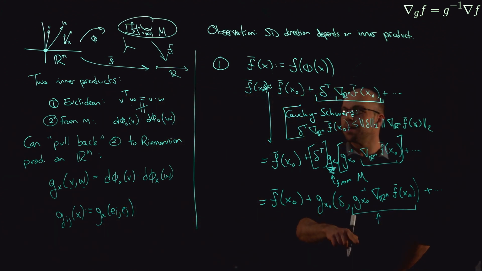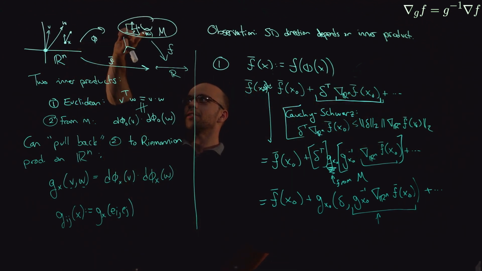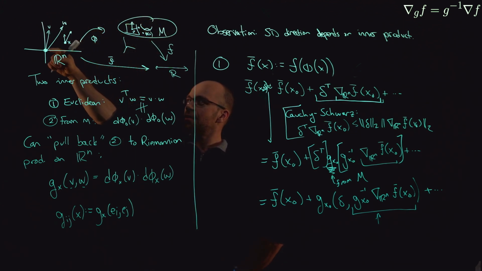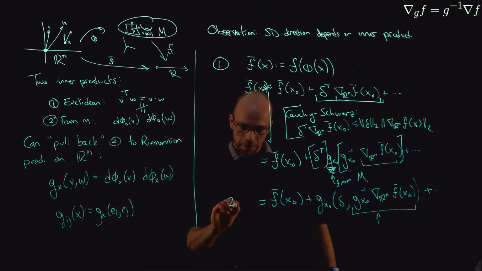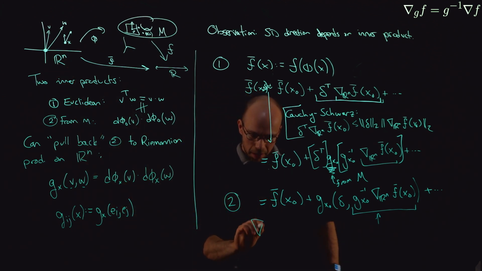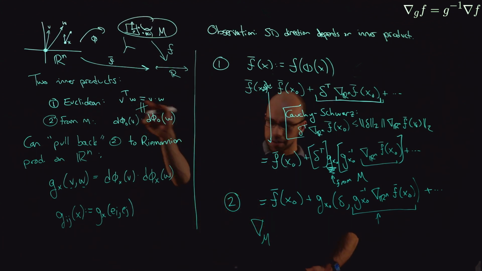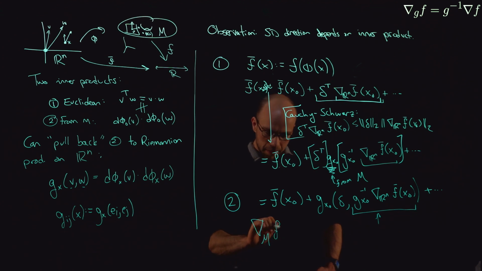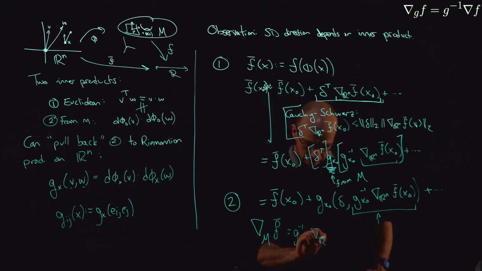It lives in Rn, but it is the gradient direction of the function on the manifold after you push it forward by d phi, rather than the gradient of the function pulled back to Rn, which is option 1. So we'll call this option 2, where our manifold gradient direction pulled back to Rn here of f bar is going to be g inverse times our classical gradient for Rn.